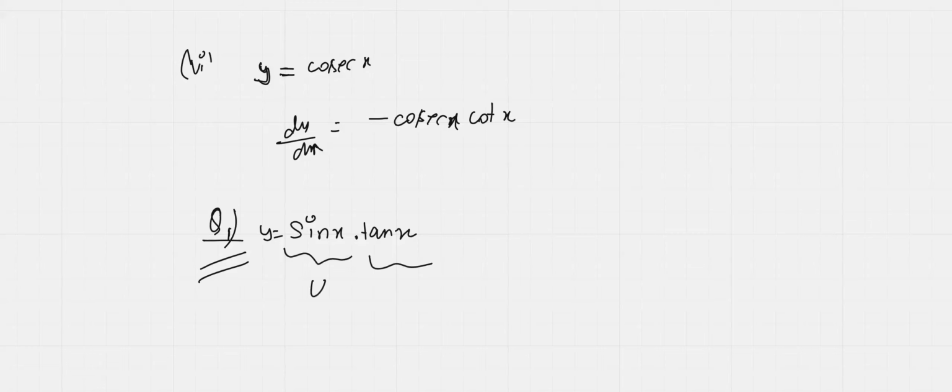I thought of doing that, but in the formula sin x gives cos x and tan x gives secant square x, so I directly put it. I didn't solve it fully. If I take it as it is, the differentiation will come out as secant square x sin x plus tan x cos x. This should be the answer.